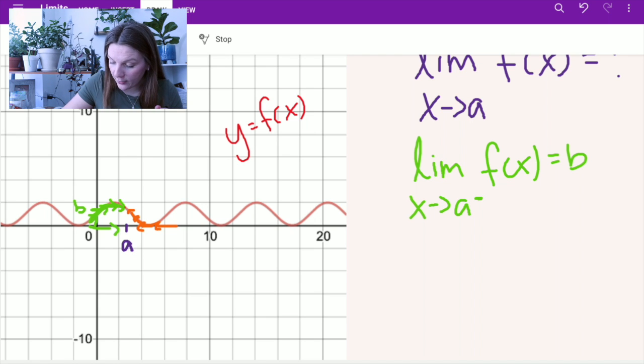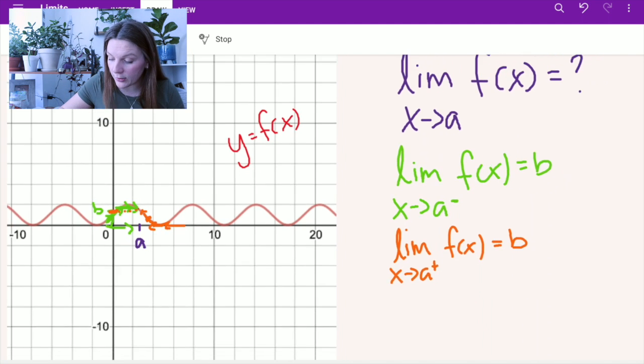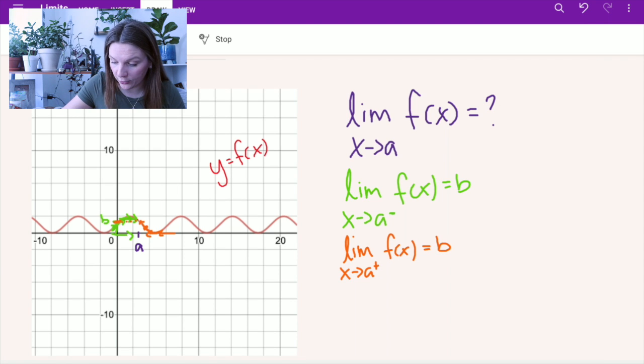So in this case, I would have the limit as x goes to a from the right of f of x, and we notice as we travel along, we're going to meet up with those green arrows, and either way we go, we're approaching the value of b. And so we say, because the limit from the right and the limit from the left agree, they're equal, we say that the limit of this function at that point as x goes towards a is actually going to be equal to b.